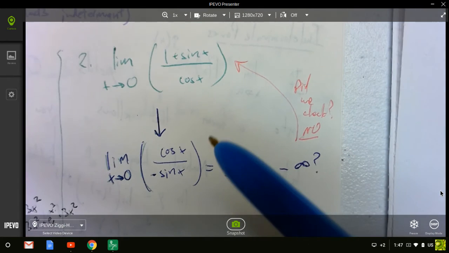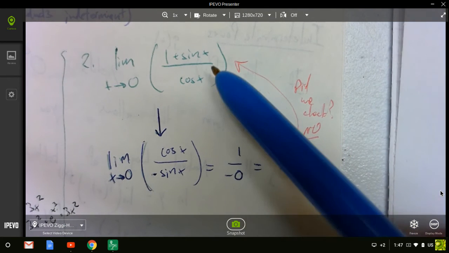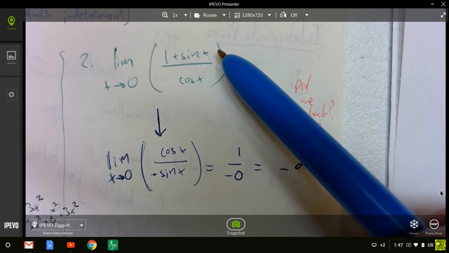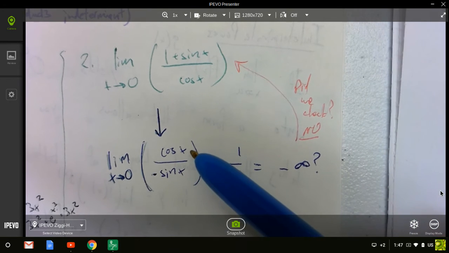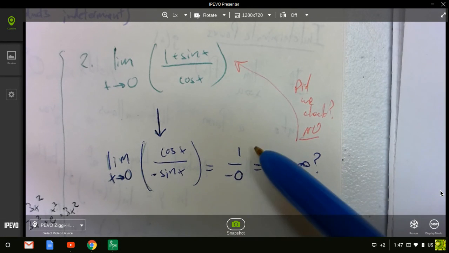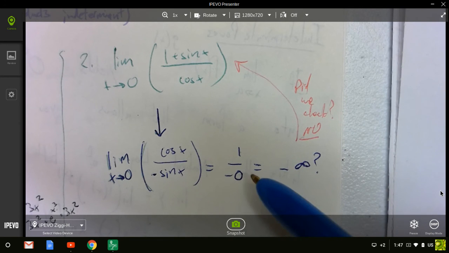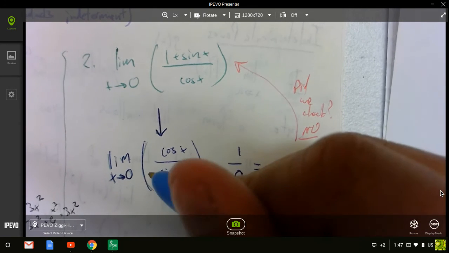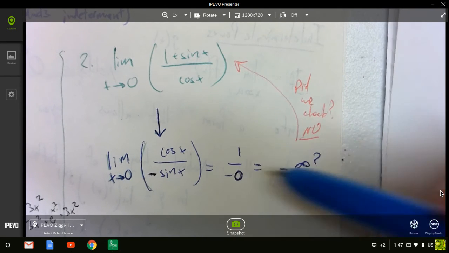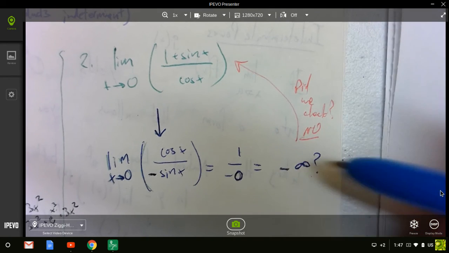Yeah, you could do L'Hopital's rule here, in which you take the derivative of the top and the derivative of the bottom. It's so funny because I just made this mistake, and you get cosine of x over negative sine of x squared, and then if you put in 0 here and here, you're going to get 1 divided by negative 0, technically, because that's negative in the front, remember? And the derivative of cosine is negative sine x, which would give you negative infinity.